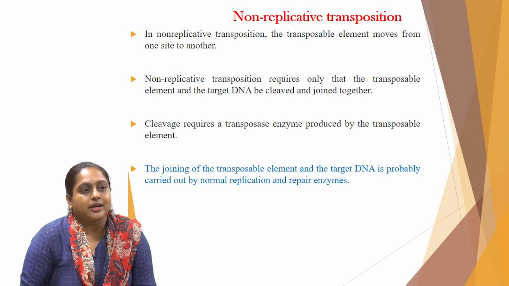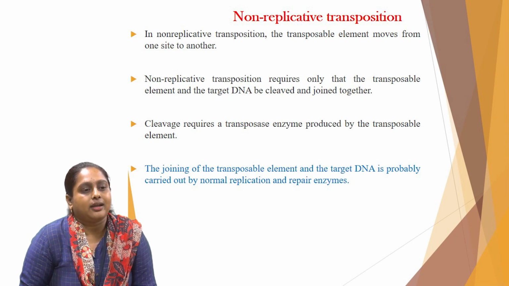Cleavage requires an enzyme, transposase, which is produced by the transposable element. Then the joining of the transposable element and the target DNA is probably carried out by normal replication and repair enzymes.